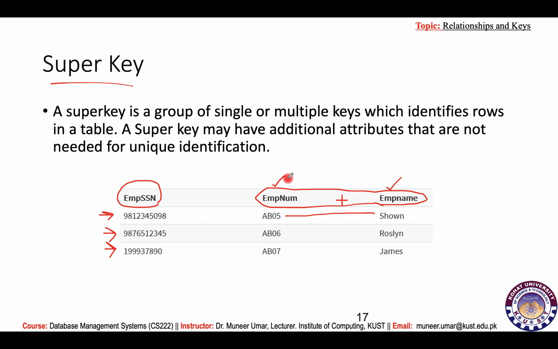Now here, this one is a super key. It has one additional attribute. Now if I minimize it to the possible level, then it can be said as a primary key.